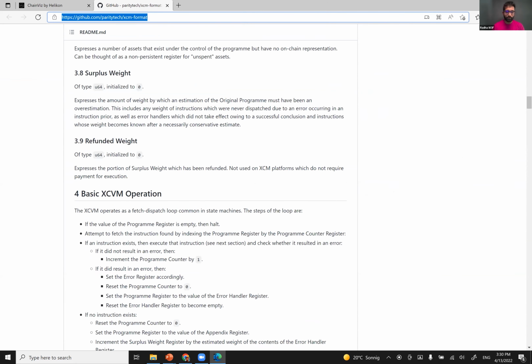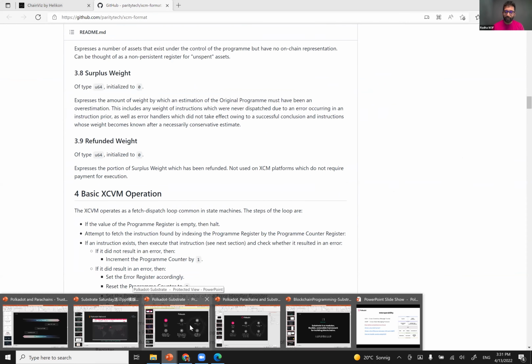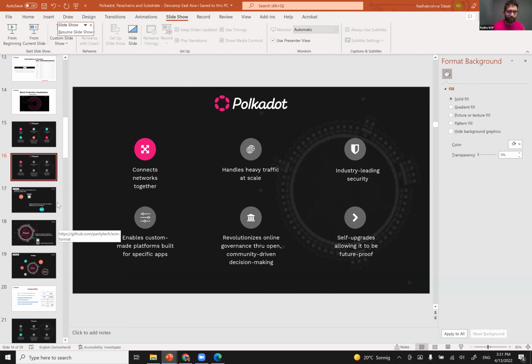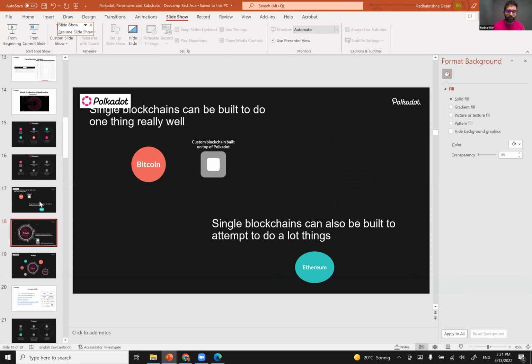But if you're not a core developer yet, I would suggest Stack Exchange. It has become popular these days, and it's giving a lot of answers.